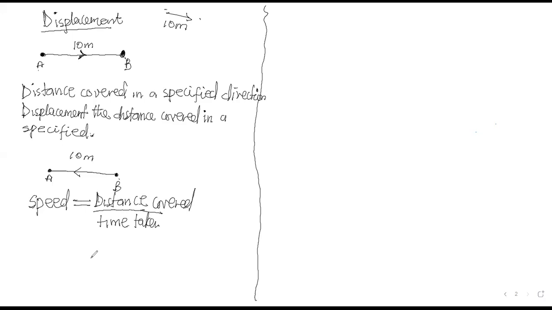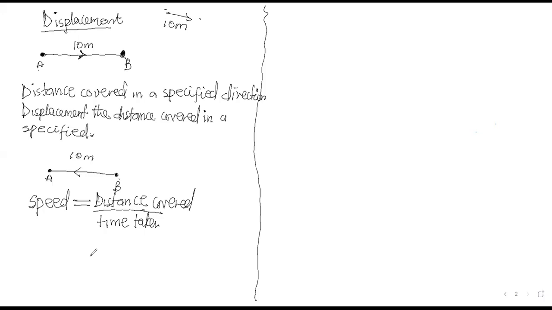Now, when a body covers a distance within a shorter time, and another body covers the same distance within a longer time, which one would have a greater speed? Body A covers a distance within a shorter time.